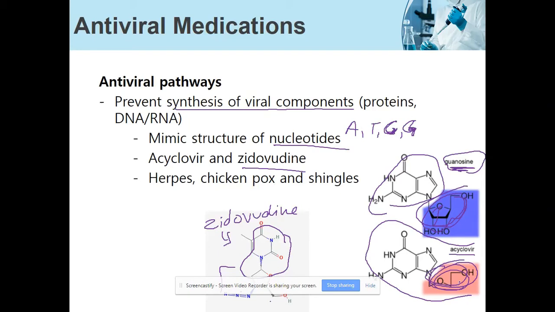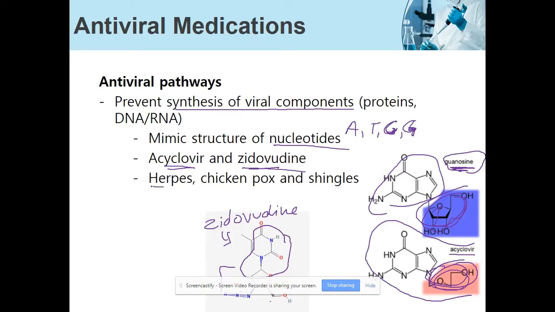And then those copies can't make the proteins right. And so we have very ineffective viral proteins, can't make those protein coats the right way, and the viral DNA totally doesn't work. And so these guys do a good job of messing up the viral DNA and the viral proteins so that the infection cannot continue.